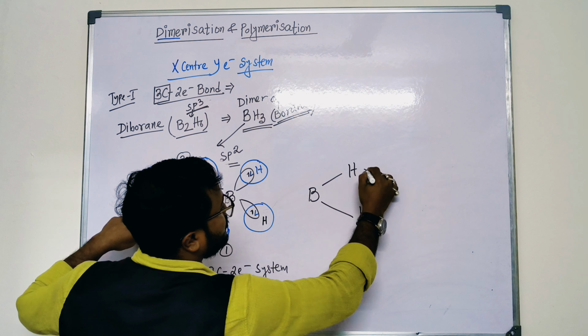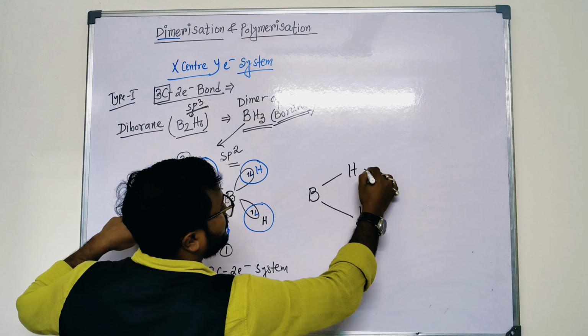Now the question is, why is B2H6 forming banana bonding? What is the logic behind it? What is the benefit of forming this bond? Let's check out. Before that, we'll understand these bonds. See, in this case, only 2 atoms are there, 1 and 2. So there are 2 centers. How many electrons? 1 and 2, 2 electrons. So this is a 2 center 2 electron system.